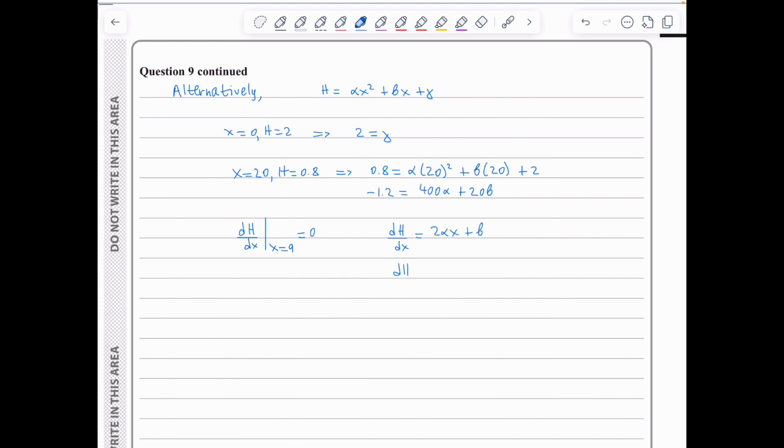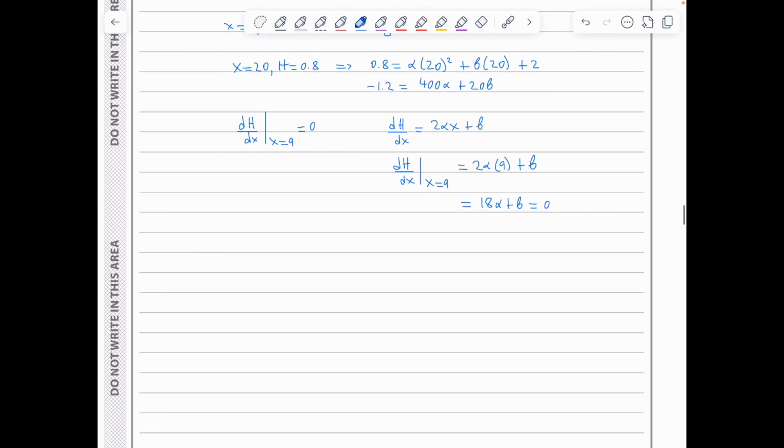I will evaluate this when x is 9. So dH/dx when x is 9 is equal to 2 alpha times 9 plus beta. So we're looking at 18 alpha plus beta, which we know should be equal to 0. And this simply means that beta is negative 18 alpha.